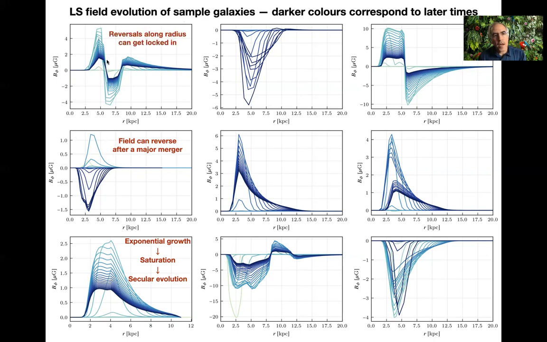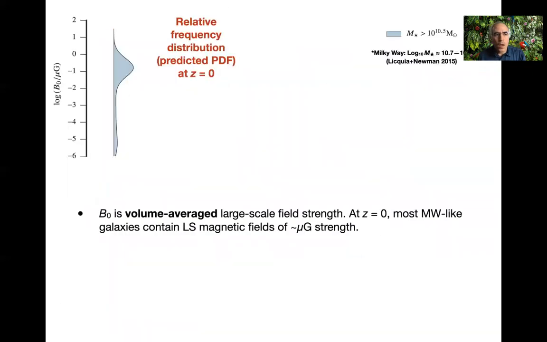And then finally, in another example in the top left, you see that the field can actually acquire a reversal along the radius. In this case, it has 2 reversals along the radius. These reversals happen relatively early on, and they get locked in during the nonlinear stage of the dynamo. However, this is somewhat sensitive to the seed field chosen.